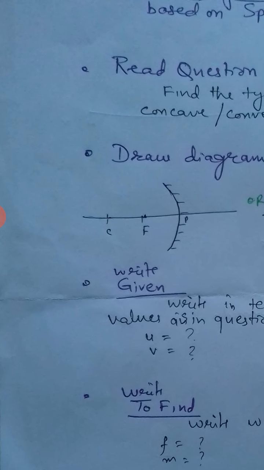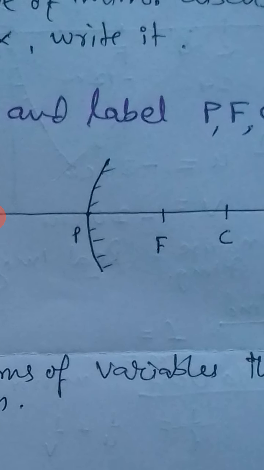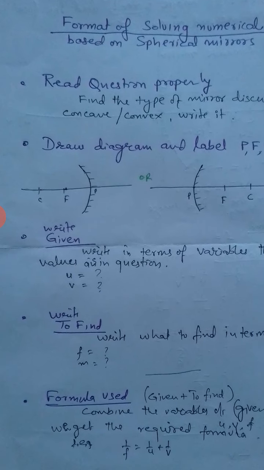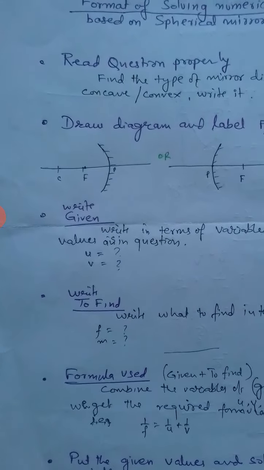For concave or for convex, you have to draw the diagram and label the pole, focus, and center of curvature for the mirror. After that, you will write given.